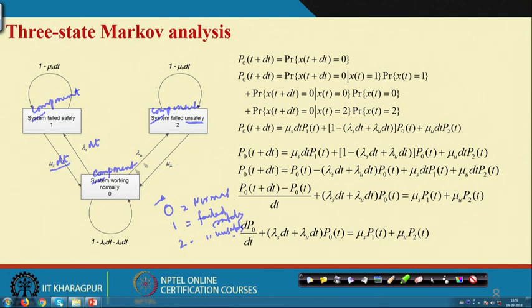Similarly, suppose it is working, but it can go to the unsafe state, lambda u dt, and it will be repaired back to normal with mu u dt, mu for repair probability and lambda for failure probability, obviously per unit time.